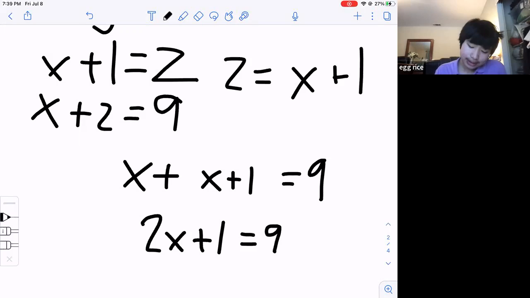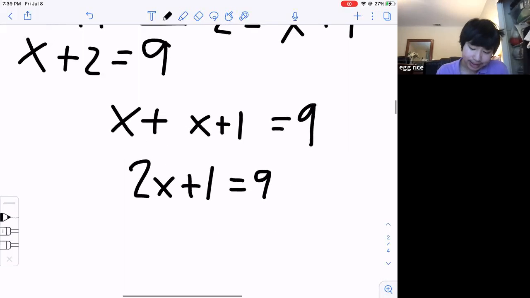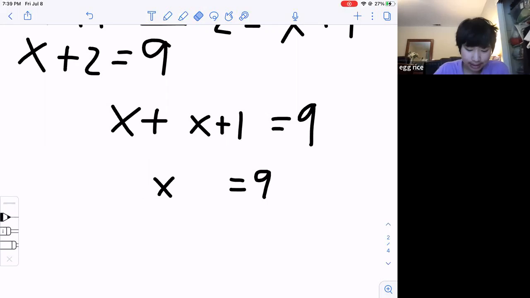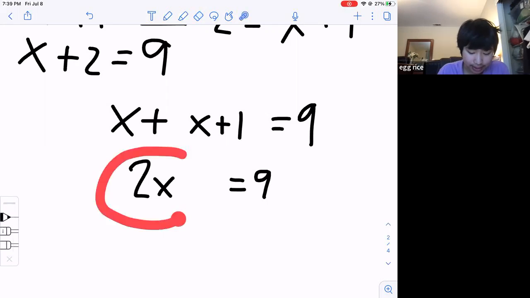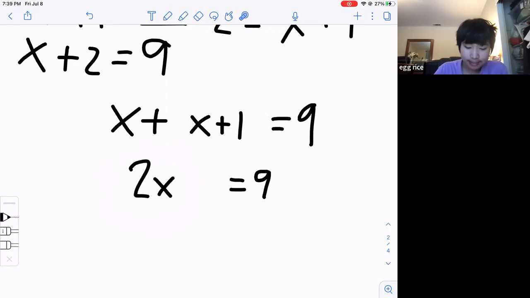All right, so basically, we can take off 1 from each side. We first isolate this term right here. By taking off 1 from each side, it's like a balance scale. You subtract 1 from the other side as well. So now we just have 2x equals 8.